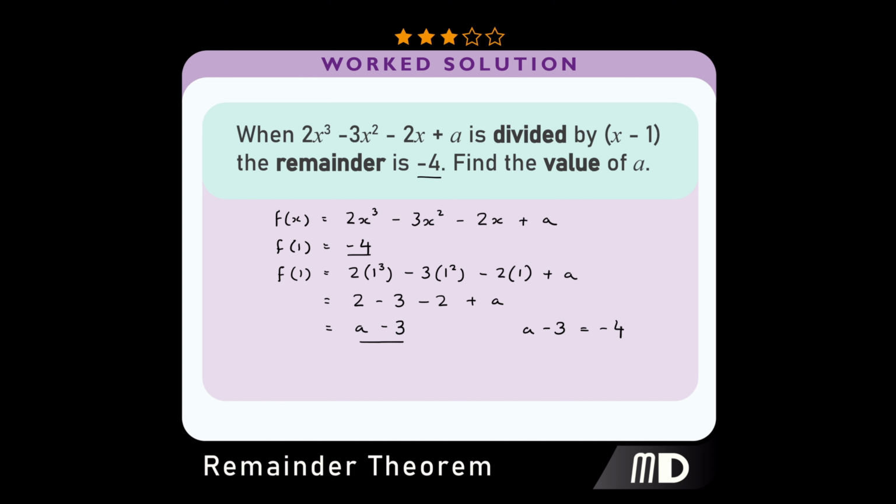And if a minus 3 is equal to minus 4, adding 3 to both sides gives us a minus 3 plus 3 equal to minus 4 plus 3.